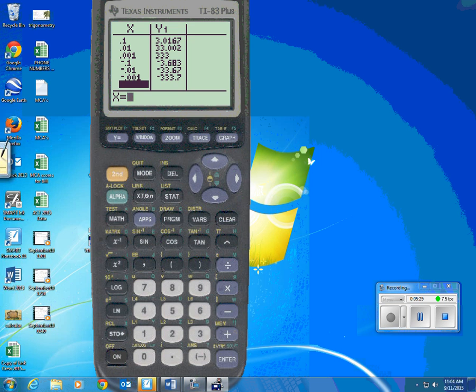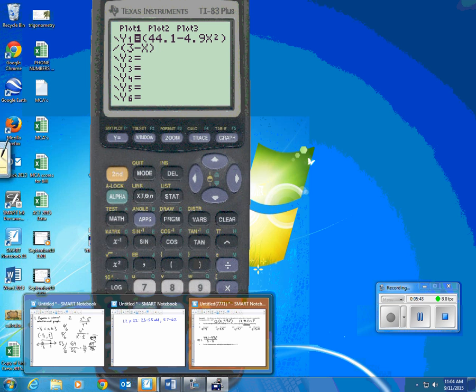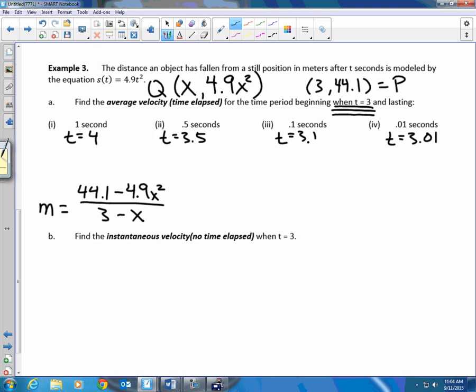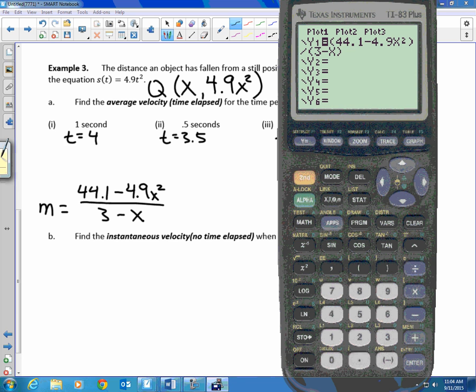We go into y equals, and we type in our function, which was 44.1 minus 4.9 x squared. Tell me if I get this wrong at any time. Divided by, we had 3 minus x, correct? Now, as I look at this piece right here, that's my slope function. So instead of plugging in 4 to 4.9x squared, I can simply use this.